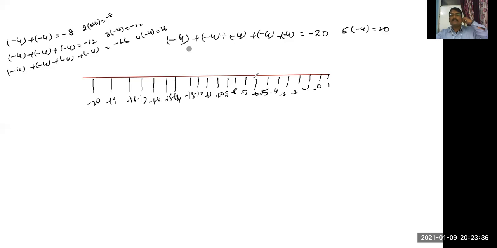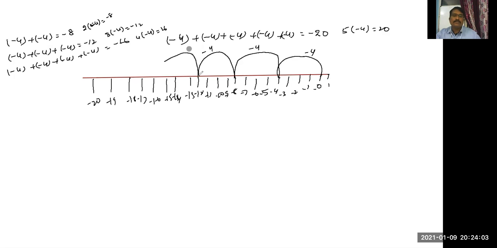So first, from 0 to minus 4, when we move to the left side of 0, we get minus 4. Next, when we move four steps to the left side of that, then again minus 4. Then again minus 4. Then again minus 4. That means minus 12.